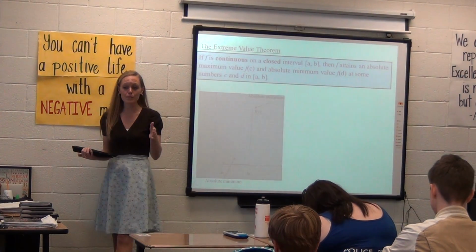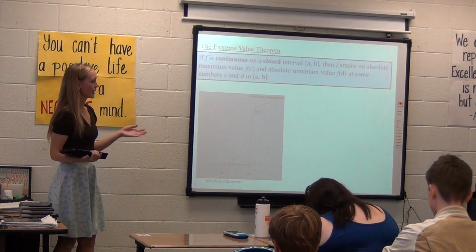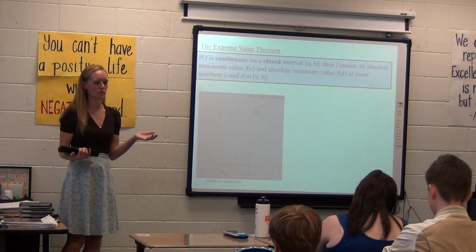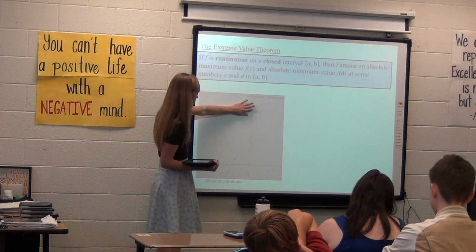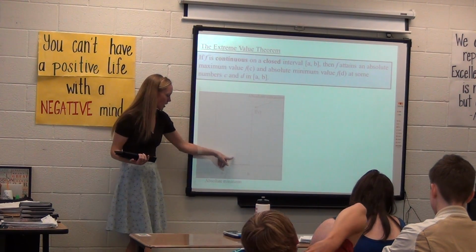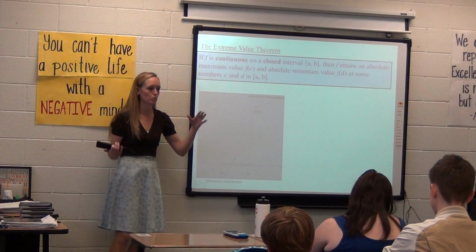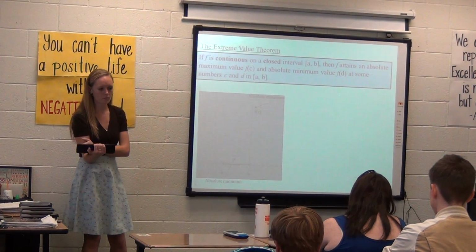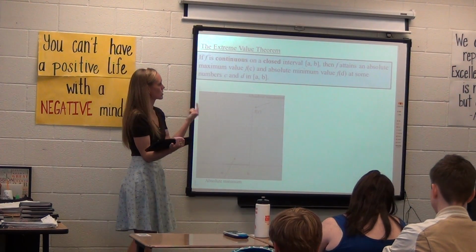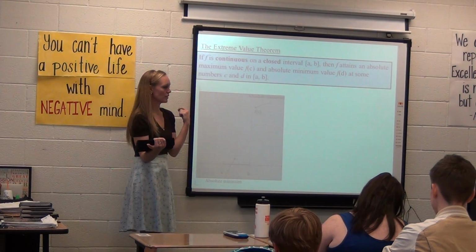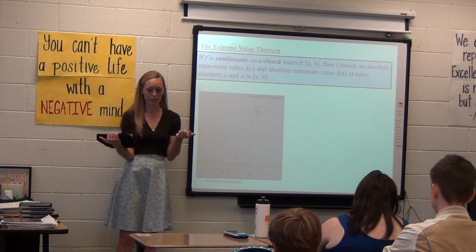Remember, our absolute extreme values can be endpoints, it's just our local ones that can't be. So we have an absolute maximum out here, where we have our highest point, and down here our absolute minimum is at the lowest point in that interval. So as long as it's continuous and closed, we can definitely identify these extreme values.